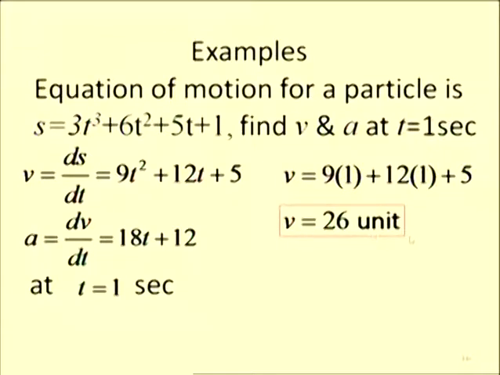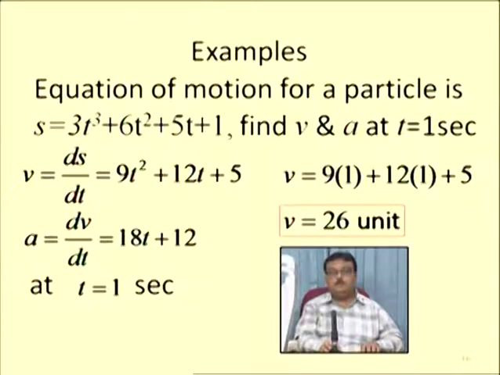Here I have taken the unit as a unit. It may be meter per second, or it may be kilometer per second, or it may be centimeter per second, depending on the unit of s.